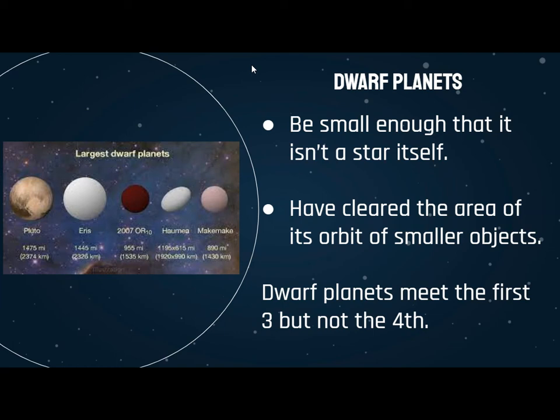Dwarf planets will do the first three. So they orbit a star, they're circular, and they aren't a star themselves. But they don't clear the area of its orbit of anything smaller.